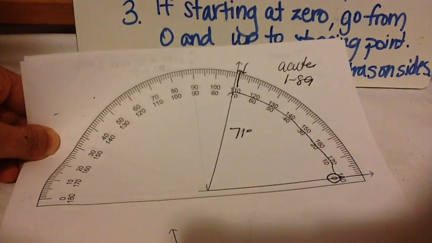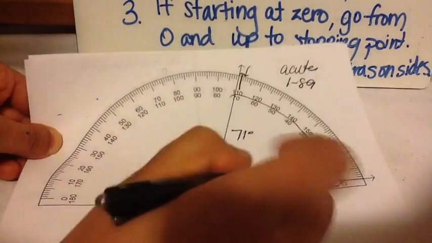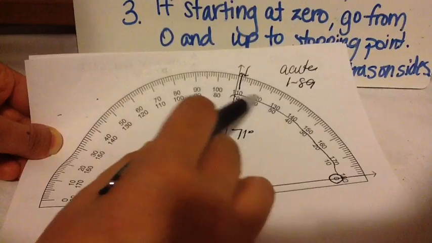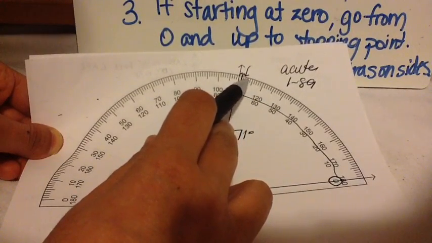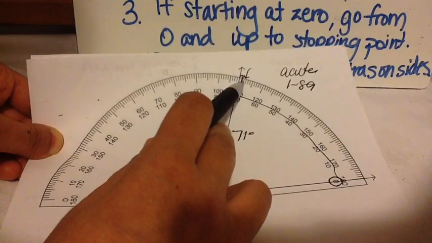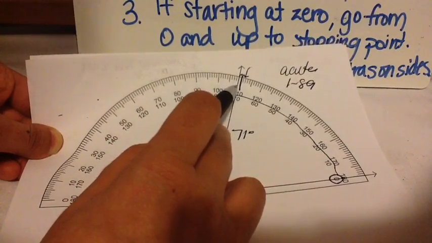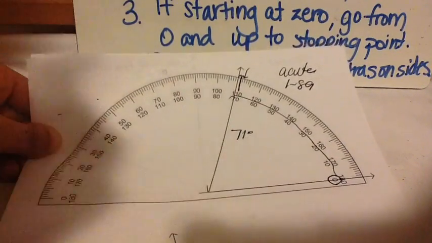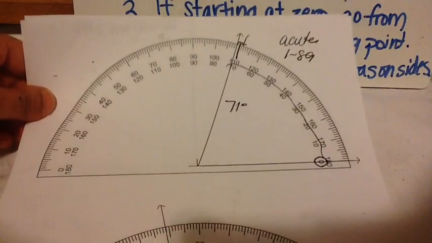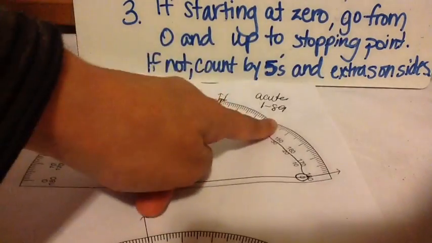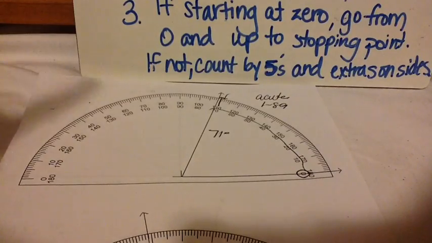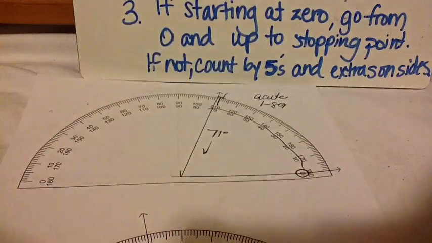That arrow I just drew is 69 degrees. So it's like 0, 10, 20, 30, 40, 50, 60, 61, 62, 63, 64, 65, 66, 67, 68, 69. But if you keep going, it's 70, 71. So 71 degrees is the amount for this angle. And 71 is between 1 and 89, so this is a reasonable answer.